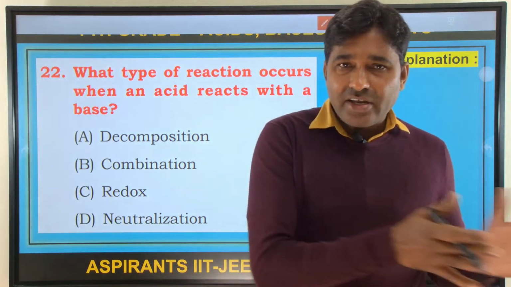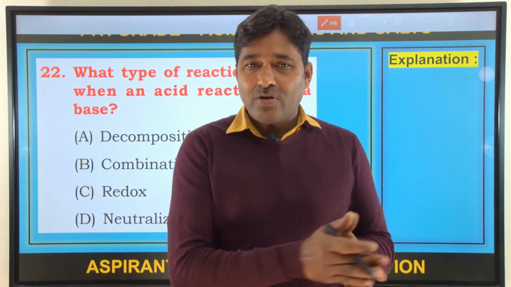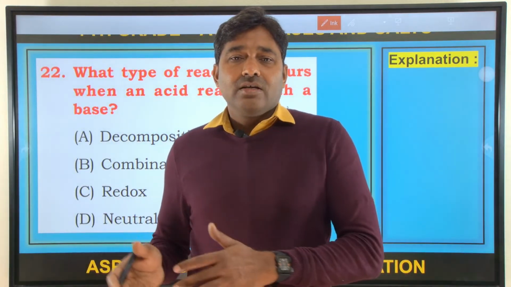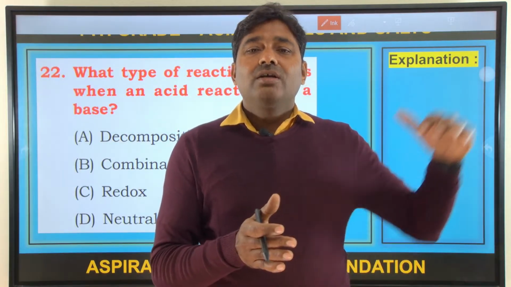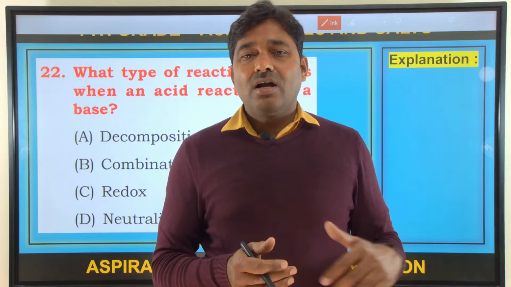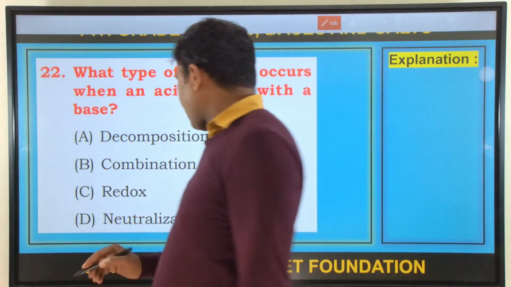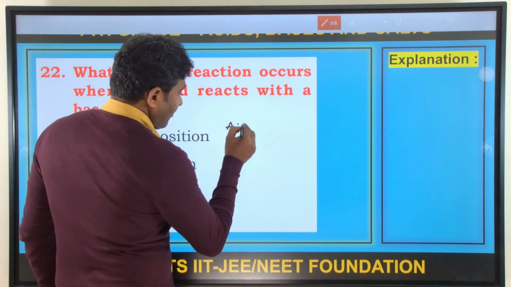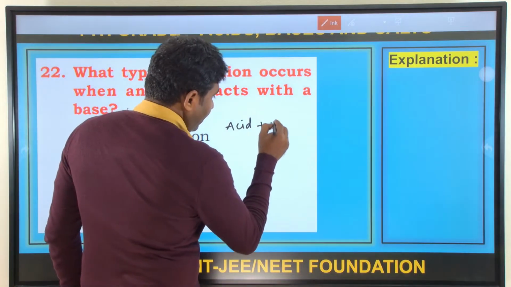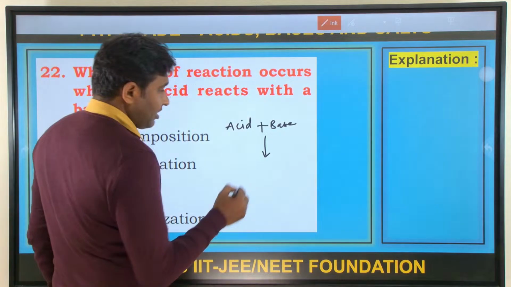So the reaction between an acid and a base is always a neutralization reaction. Why? Because H+ of the acid neutralizes with the OH- of the base and gives rise to neutral compounds, salt and water. So the reaction is what? Neutralization reaction. In the neutralization reaction, an acid treated with a base in their aqueous forms gives rise to what?